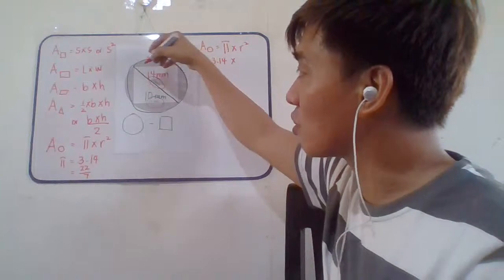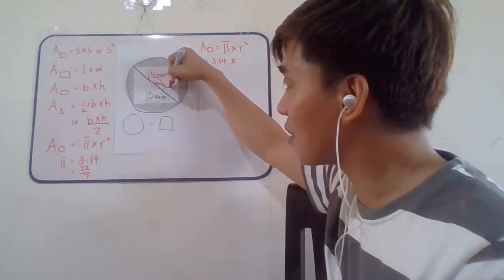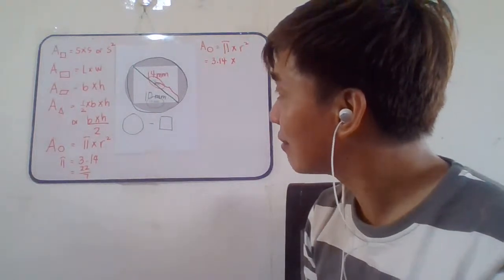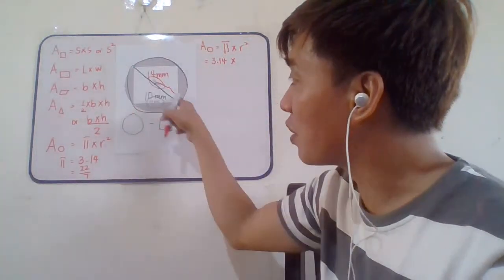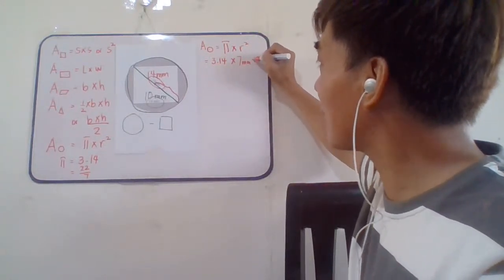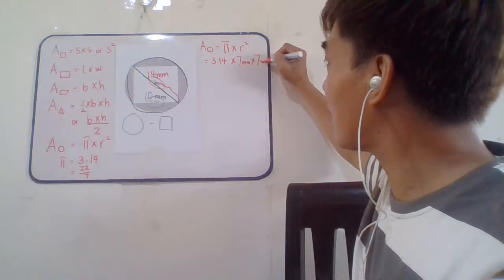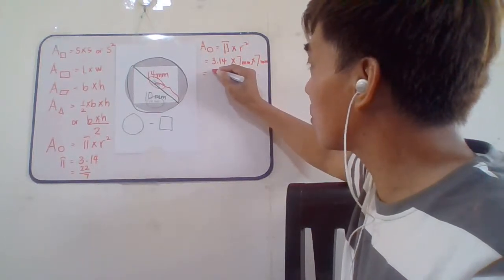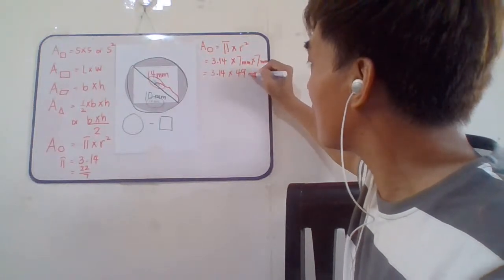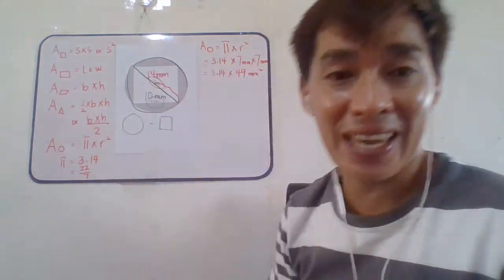So 3.14 times the radius, which is just half of the diameter. If this is 14, therefore the radius is 7 mm, times another radius which is 7 mm. So that is equal to 3.14 times 49 millimeters squared.